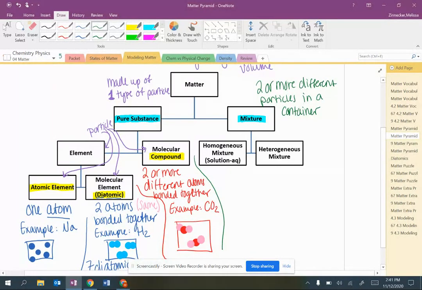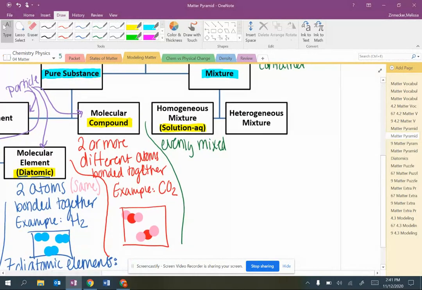A homogeneous mixture, or sometimes called a solution, that's a nice little keyword there. That is when the two different types of particles are evenly mixed. Not evenly mixed in numbers per se, but evenly mixed in how they're distributed.